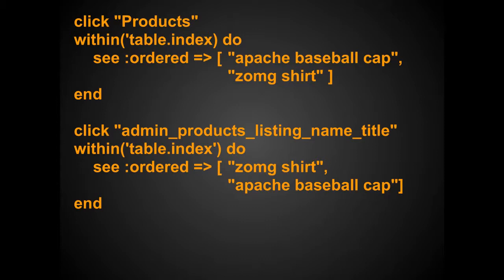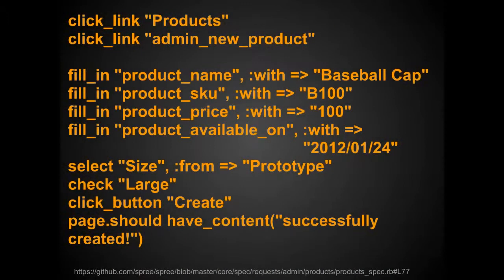So we are abstracting and hiding some complexity, making the test more readable and more maintainable, of course. And compared to this, it is also much less text that we need to write. Another example, this is also taken from Spree.